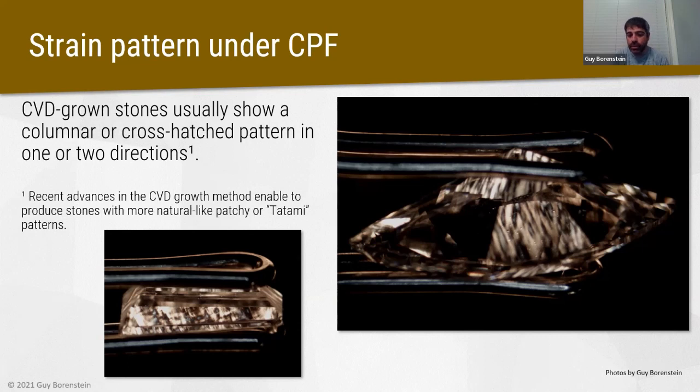Now, I will add a small asterisk here: some new production of CVD, some new growers are creating CVD diamonds that do not show this columnar effect. They can show tatami, like the rare naturals, or they can even show patchy colors, like the common naturals.